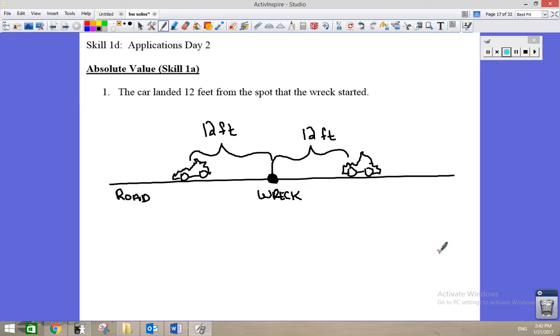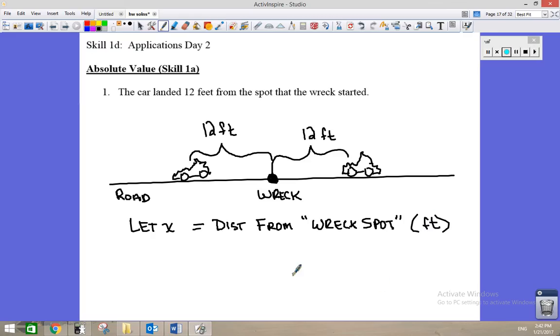All right, so to write an equation, if we let x be the distance from, let's call it the wreck spot, and that's in feet, we want to write an absolute value equation.